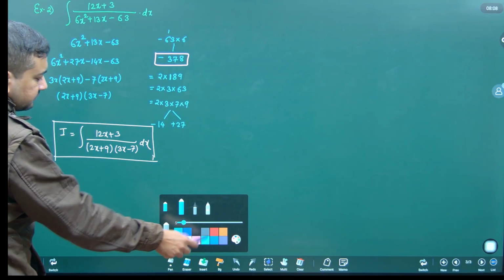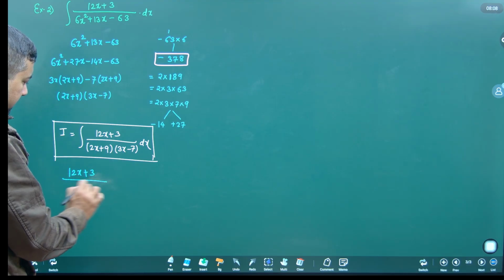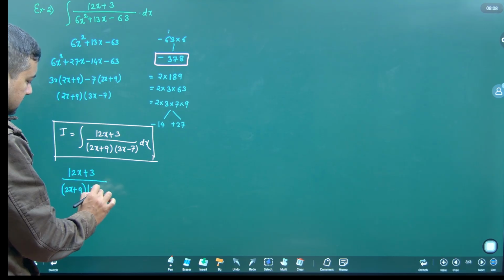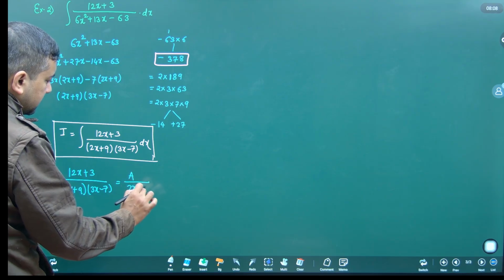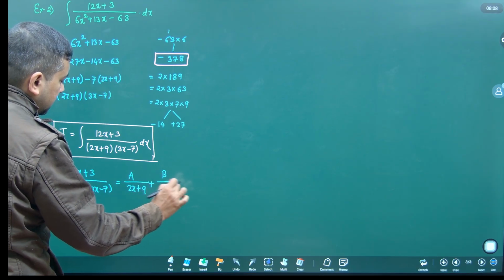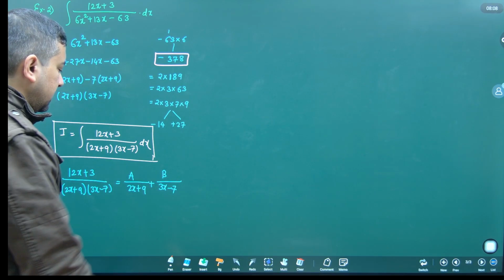So convert this into partial fractions. 12x plus 3 upon 2x plus 9 times 3x minus 7 is equal to a upon 2x plus 9 plus b upon 3x minus 7. Correct? Okay.